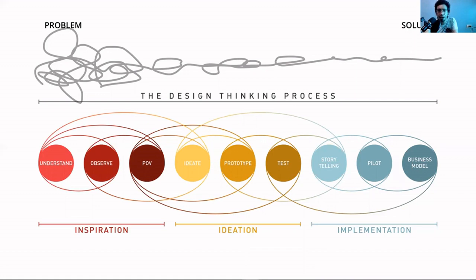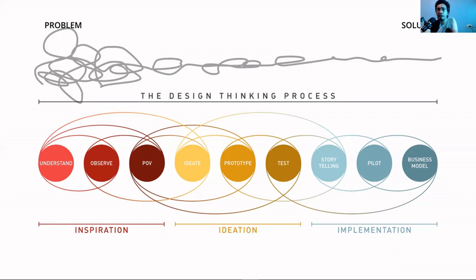So, as shown here above, the problem is represented with a scribble line, and as you move forward, it's straightened up until you get to the solution. It forms similar to a straight line, and the problem to solution is not a straight line. Same with the design thinking process.